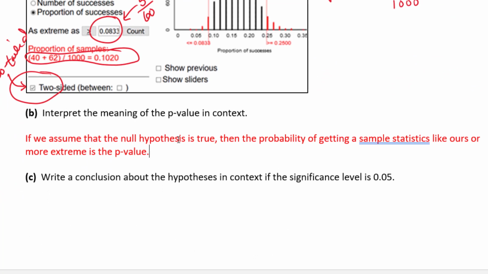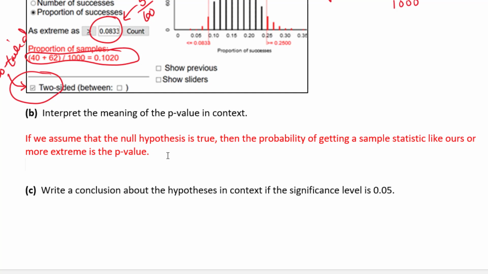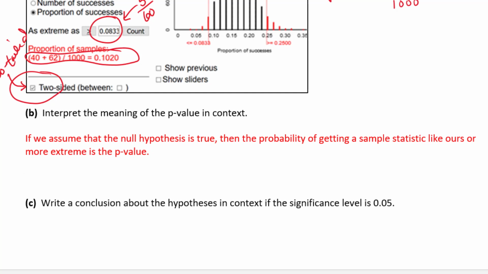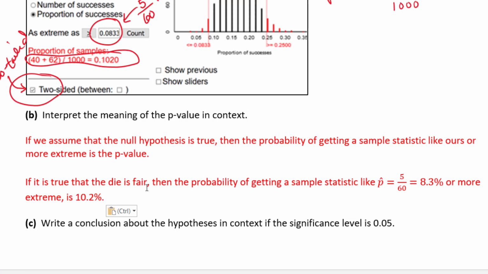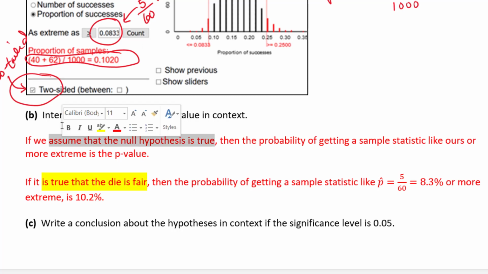Okay, and the definition of p-value is as follows. If we assume the null hypothesis is true, then the probability of getting a sample statistic like ours or more extreme is the p-value. Now we're just going to take out some of those words and replace them with the actual values and the contextual meaning. Okay, so it reads, if it is true that the die is fair, notice that is assuming the null hypothesis is true, because our null hypothesis is that the die is fair.